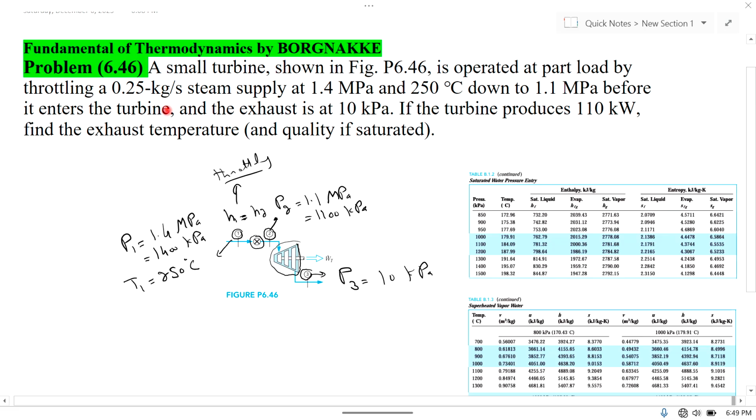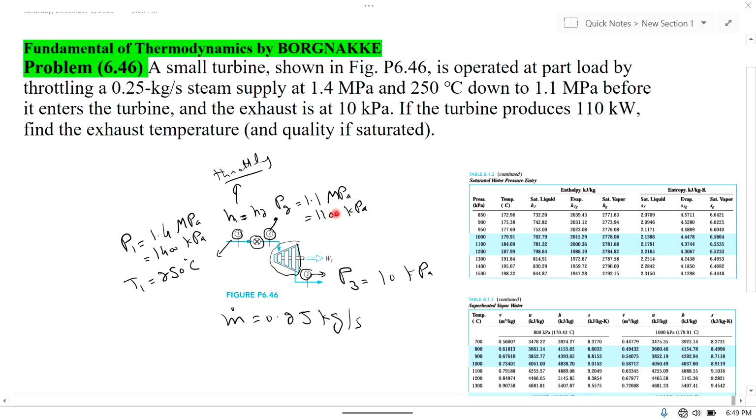And m dot is equal to 0.25 kilogram per second. A steam supply, this is the supply of the steam at 1.4 megapascal and 250 degrees centigrade, down to 1.1 megapascal before it enters the turbine.